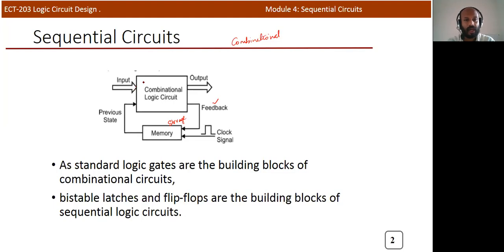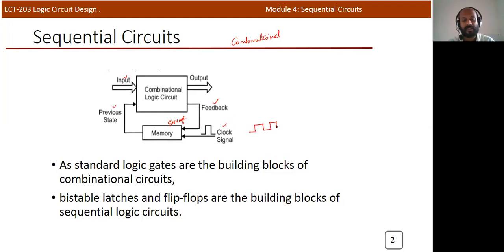This means the combinational circuit will produce an output based on the input and the previous state, and previous state means the past outputs, which are already stored in the memory. Another important point that we need to consider in the sequential circuit is the involvement of a clock signal. In order to synchronize the operations, we are using a clock signal.